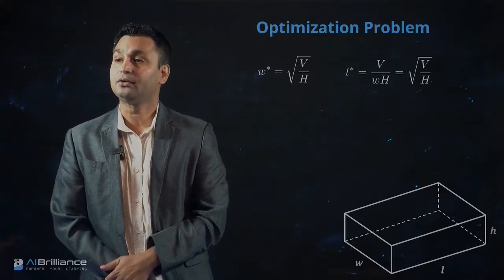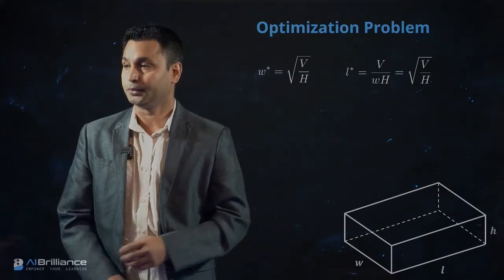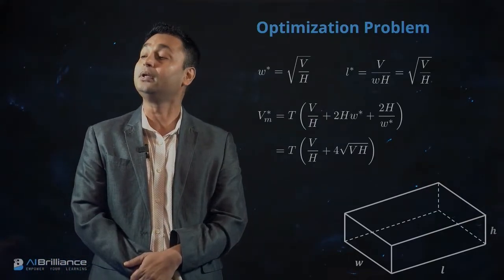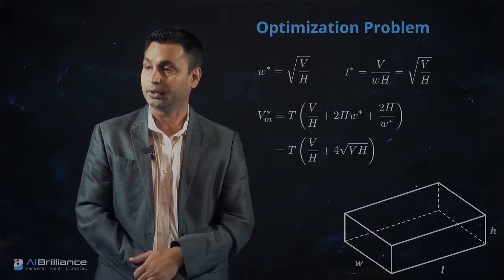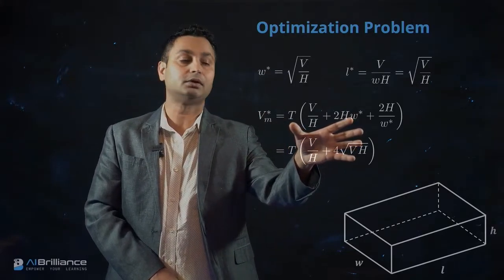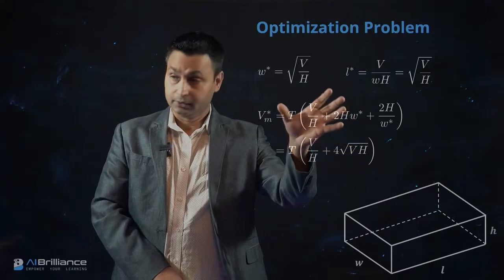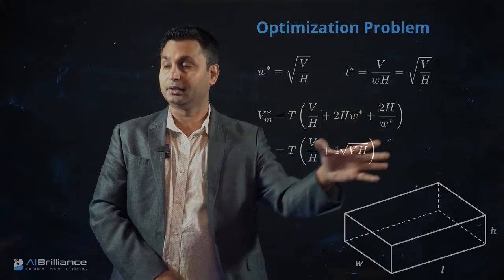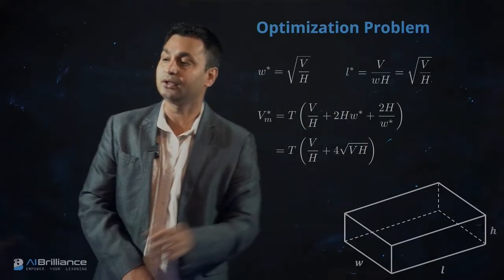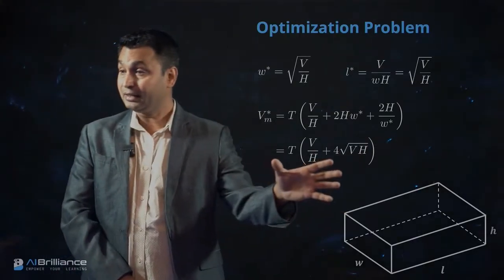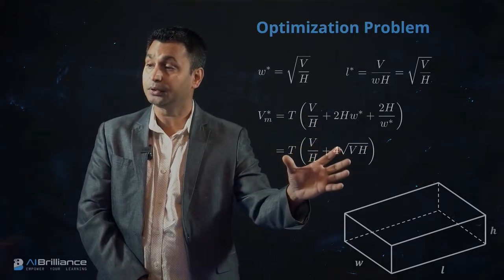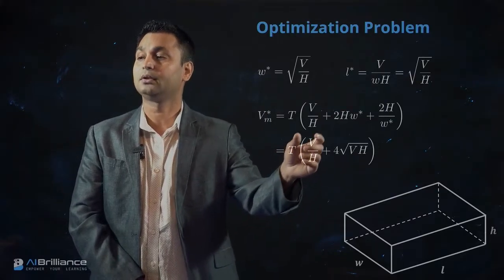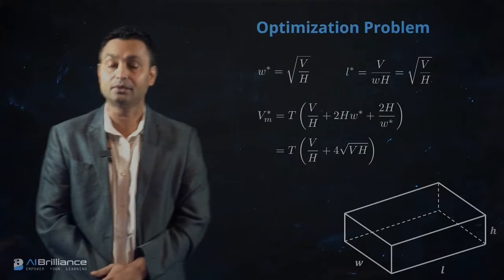So depending upon what values of V and H we have, we will get these optimal solutions. And from there, we can also find out exactly the amount of material that will be needed to fabricate this optimal tray. We can take the overall equation, which is the volume of material needed to fabricate the tray or the drawer, and substitute these optimal values for W and L, which is root over V by H, and we can simplify this, and this is the final equation we arrive at. This final equation gives the actual amount of material needed to make this drawer, with all the constants, the thicknesses, the capital V and the H. So now we have derived a solution.